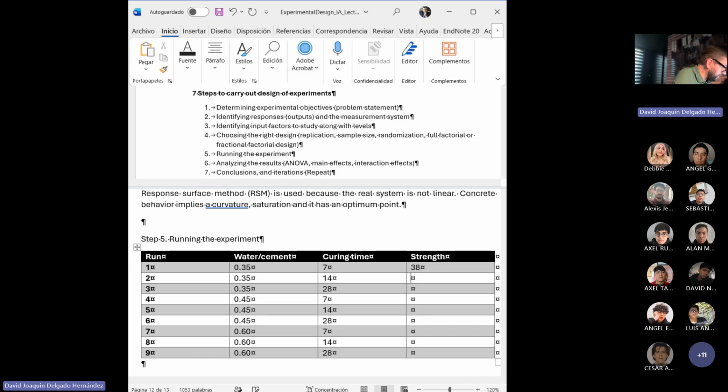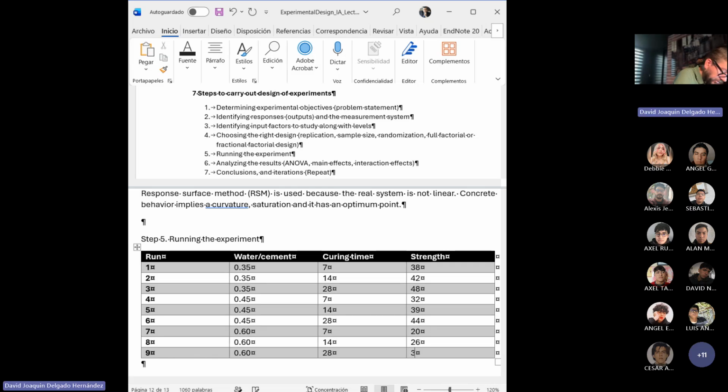For my second experiment, it's 42. The third is 48. Then 32, 39, 44.